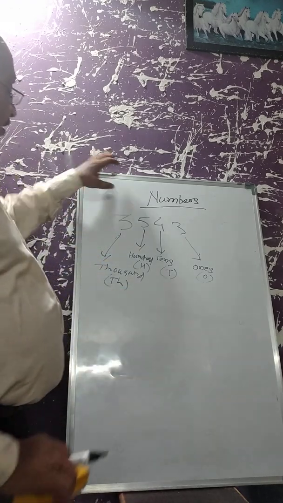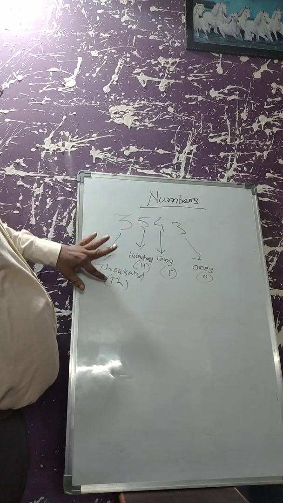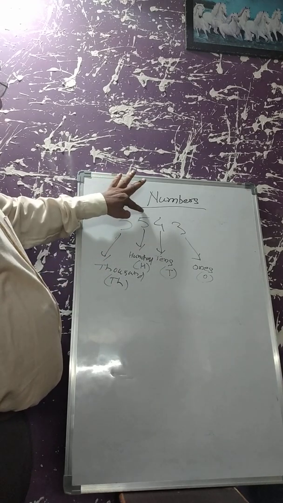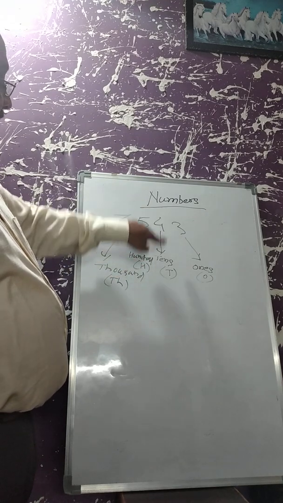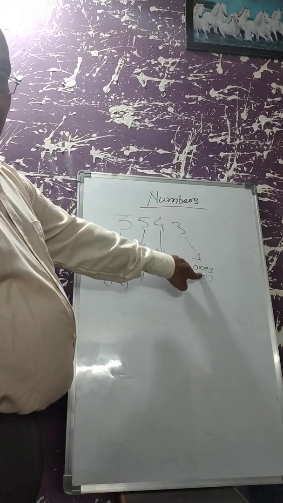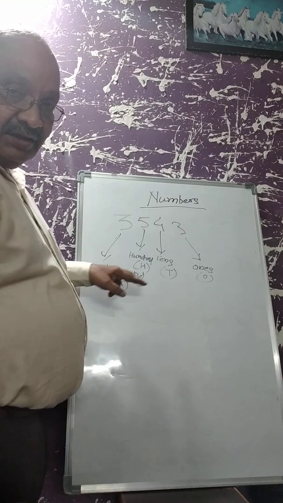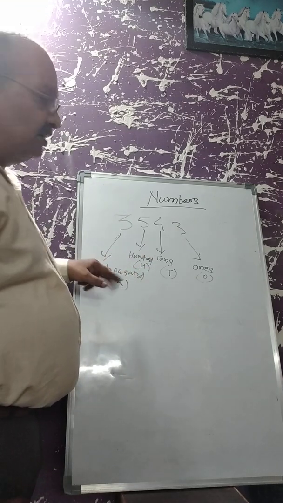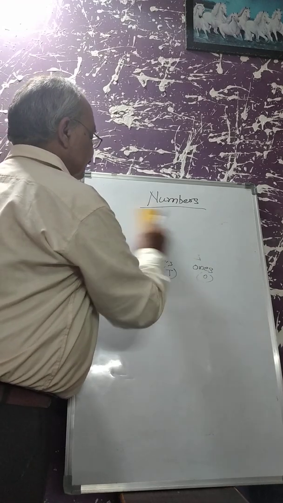So we have found that 3 is at the place of thousands, 5 at hundreds, 4 at tens, 3 at ones. I hope this place value must be clear to you after this.